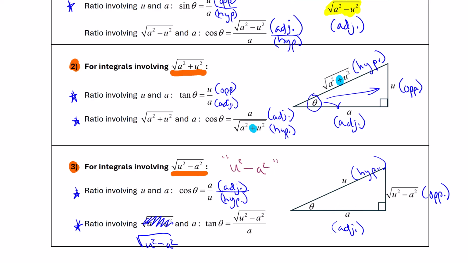So to put those together, we would have tangent theta, which is the trig function that ties together the opposite and the adjacent. So that would be the opposite side, which is our square root of u squared minus a squared, over the adjacent side, which is our a. Okay, so there we go. We have all these trig ratios now being used in the context of these right triangle models.